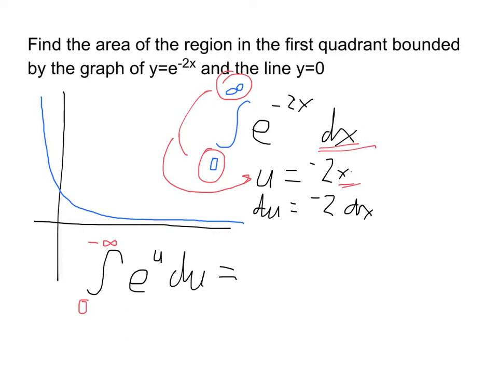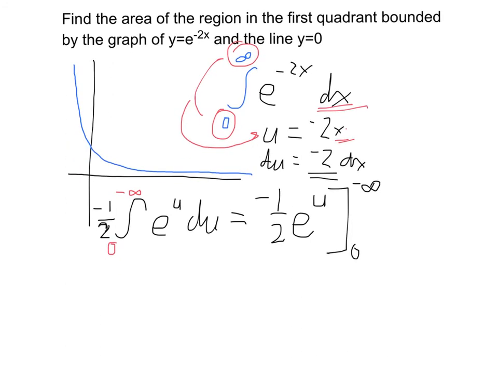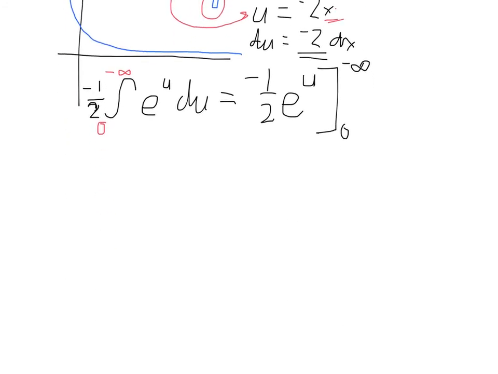Integrating, I missed. Our du was -2, which means we need to have a -1/2 out there. That was close. Okay, integrating that gives us -1/2 e to the u evaluated from 0 to -infinity. To evaluate this, we plug in -infinity, and we plug in 0.